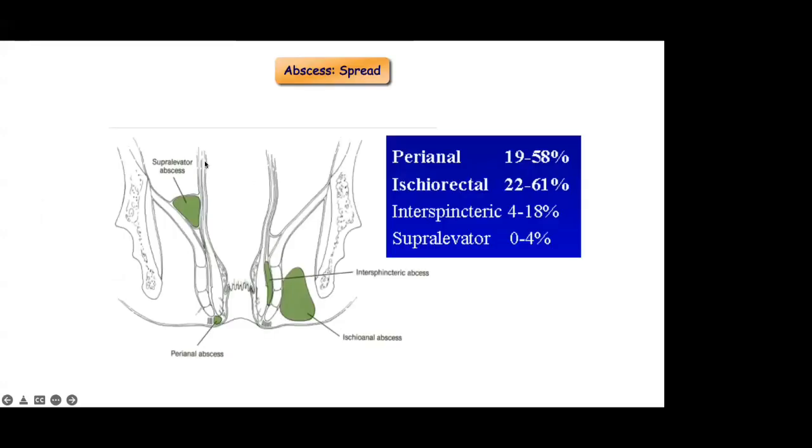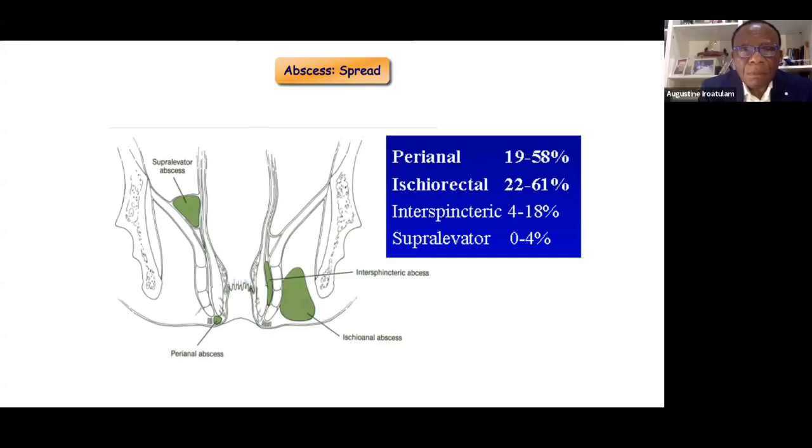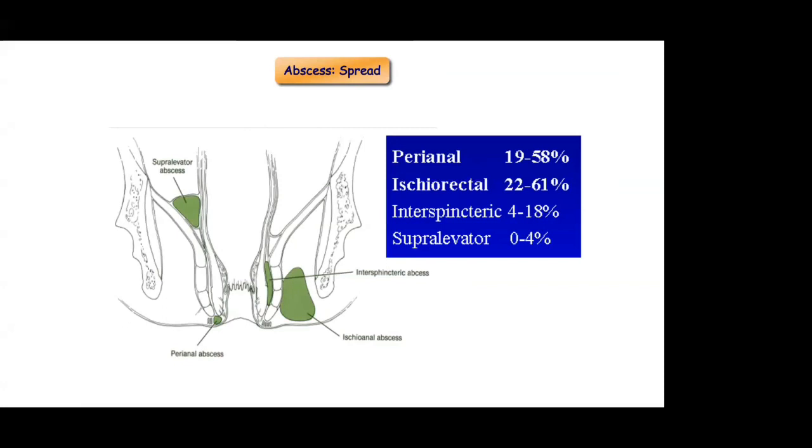In this slide, you can see the different locations of the abscess. We can have a unilateral representation, or we can also have a horseshoe representation of the fistula, as sometimes can happen.